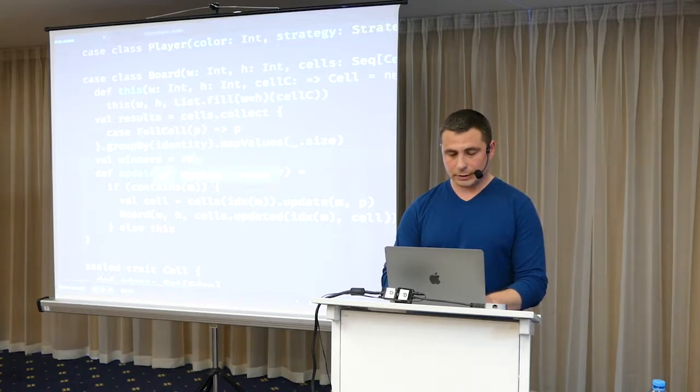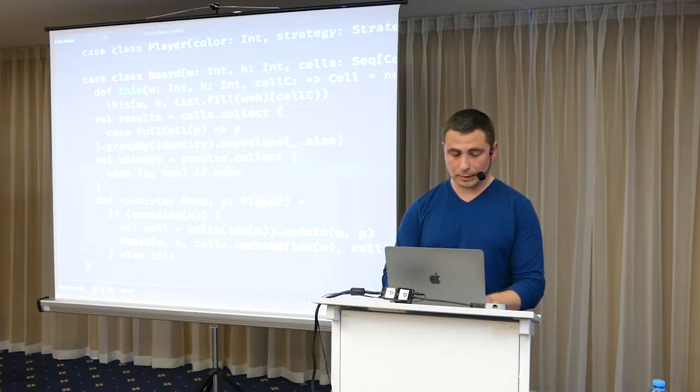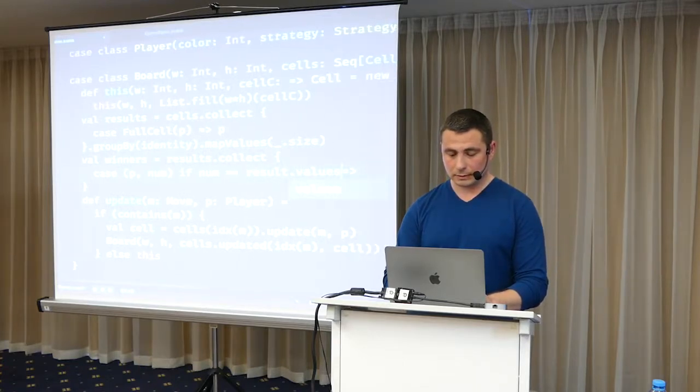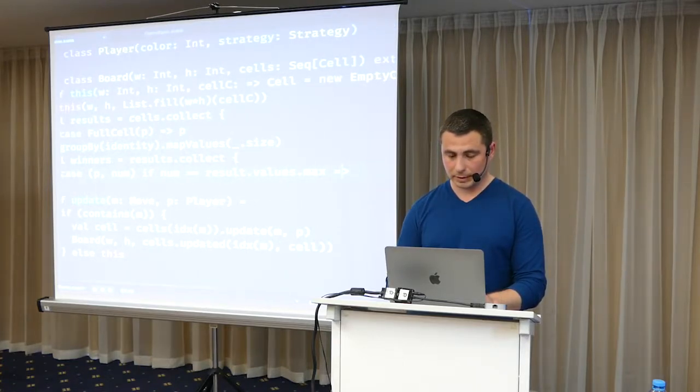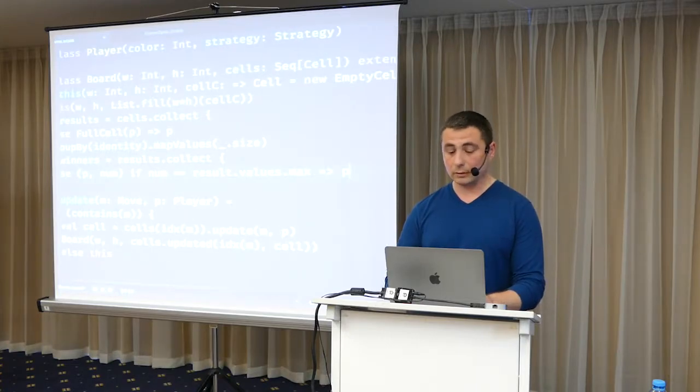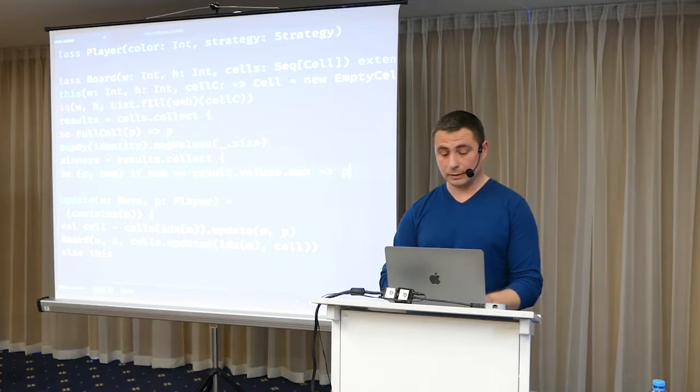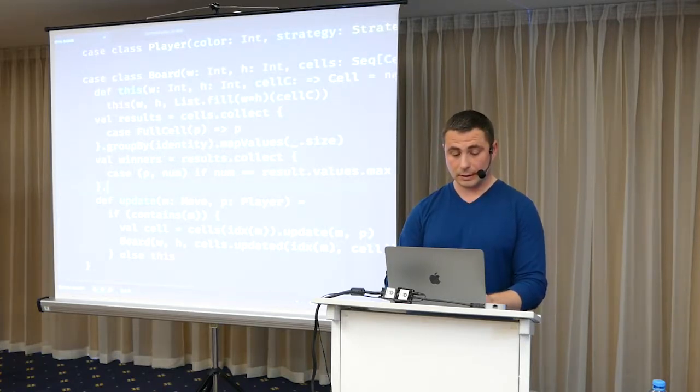So we take results and we collect players and number of cells, and we just say if the number of cells of the player equals the results values max, then we take this player. So those are winners. There might be many, and if the player has the amount of cells which is max, then it's a winner, and we convert it to a list.